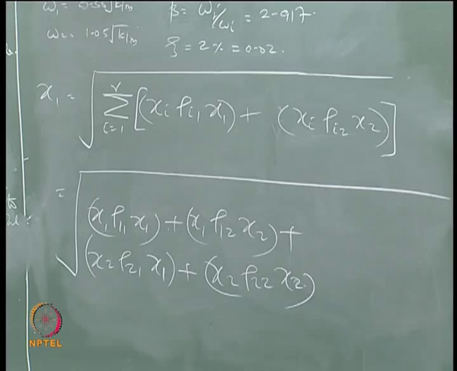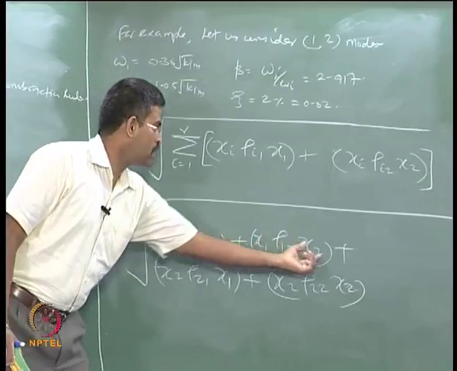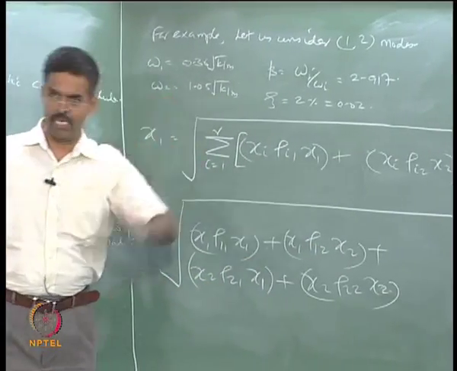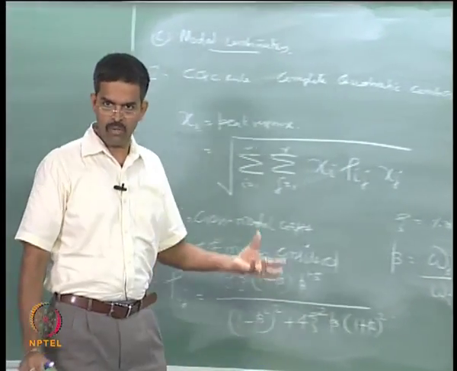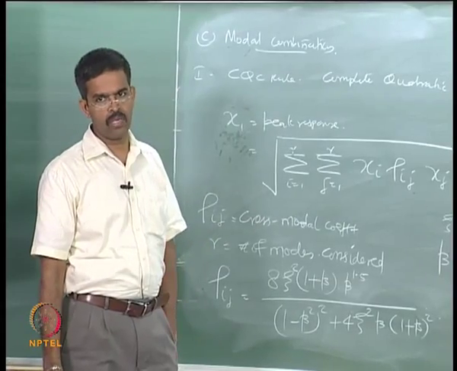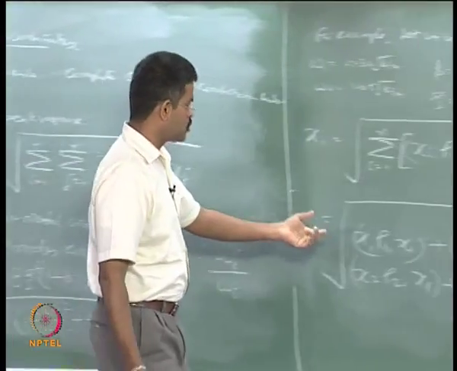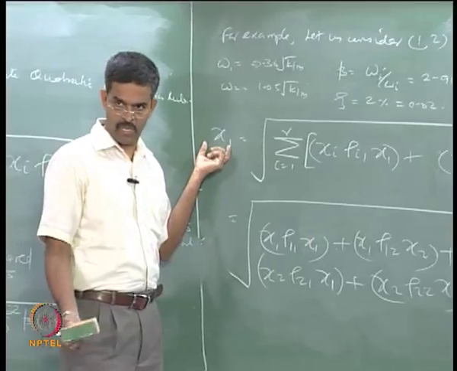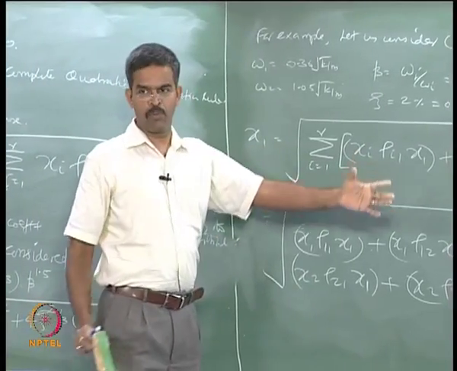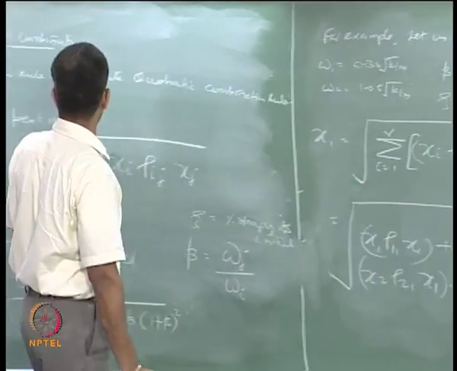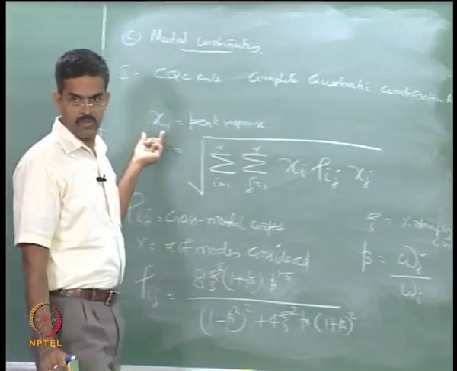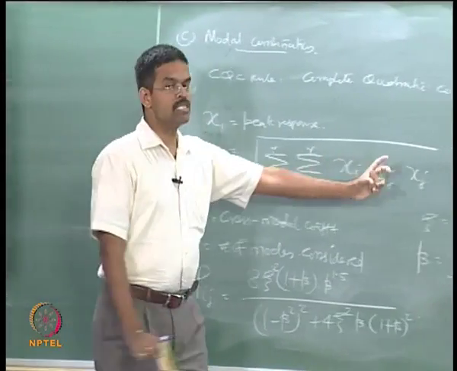What I am interested in finding out is the peak response, provided I know the response on every floor or every mass level independently. I am looking at the combination rule. Now if I do not know x1 and x2, I will never get x1 total, right? If I do not know any one of the responses, this combination rule will not give me the response; it will tell me how to combine the response in different modes.